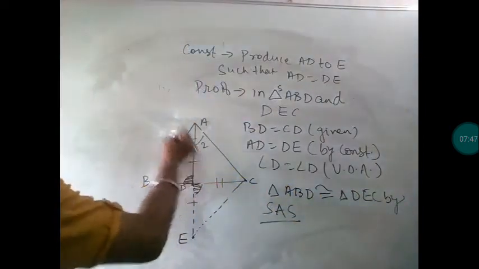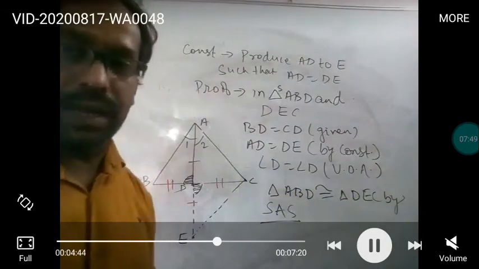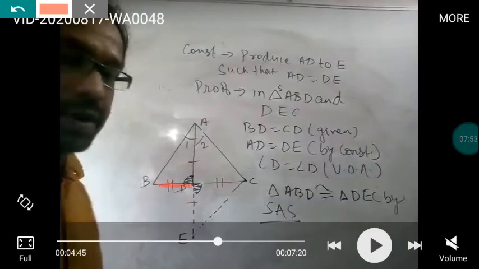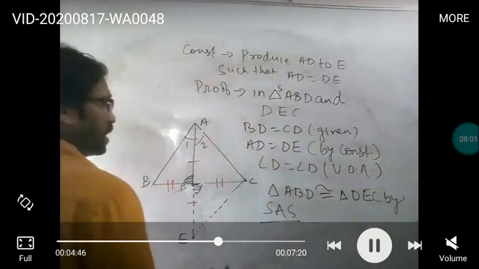Here I use side, angle, side: this side and this included angle. So by this rule only, I have proved that these two triangles are congruent.